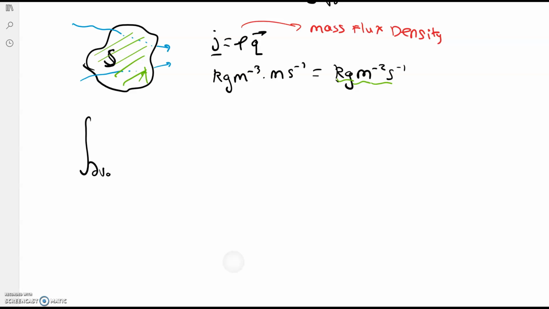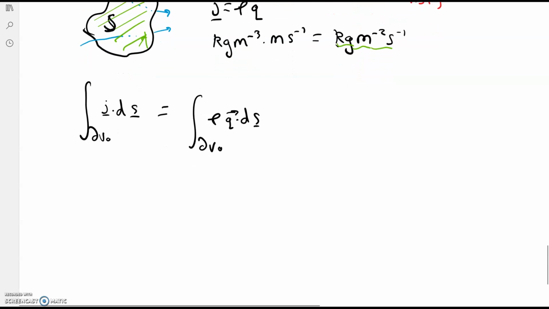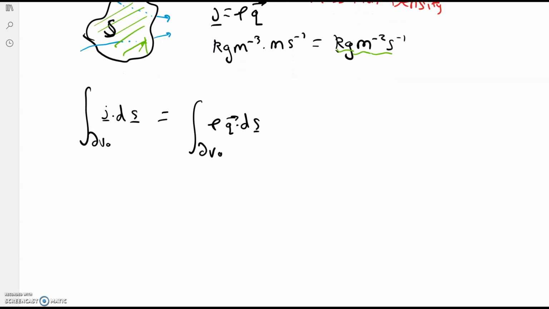And we're going to integrate the closed surface of J with respect to S. So this is a surface integral. This is the same as the surface integral over our surface S, which I'm going to denote as ∂V, of ρ times q dot dS. So we're going to take a surface integral.